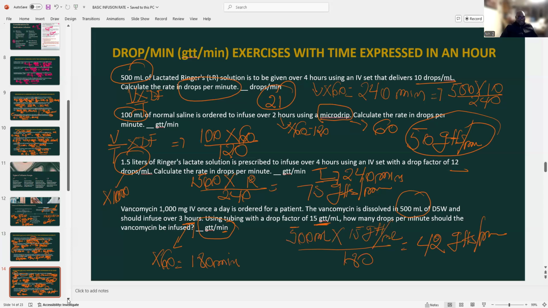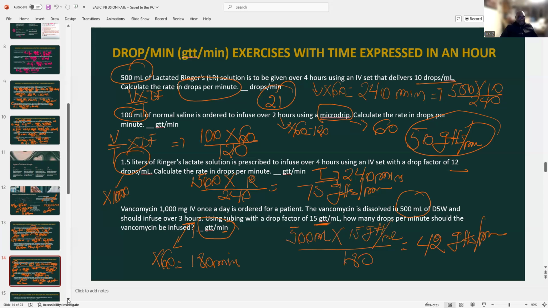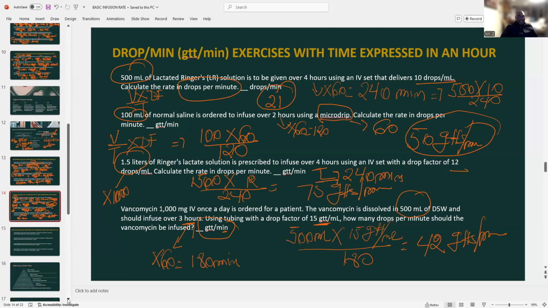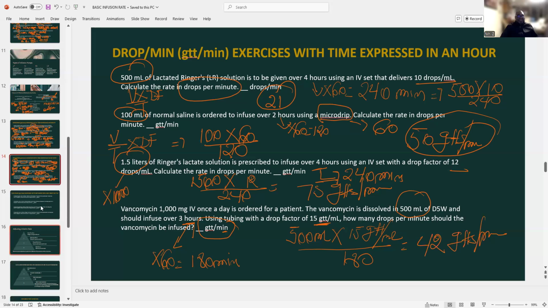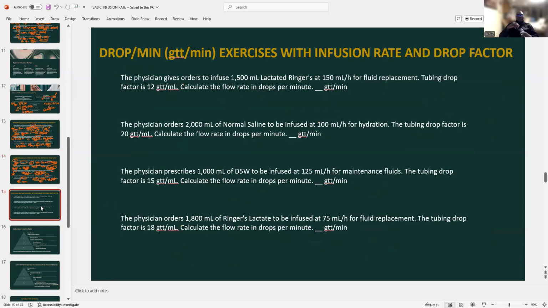All right, we're almost there. Hang in there. Now, sometimes you can find drops per minute, but they give you an infusion rate and the drop factor.